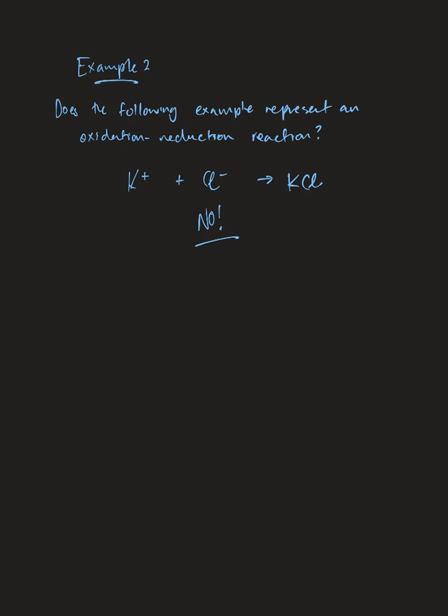Why you might have said yes, it's redox, is because if you see a positive charge and you see a negative charge, you might think to yourself, I have ions. And if I have ions and they plus and they minus each other, I'm going to have redox.